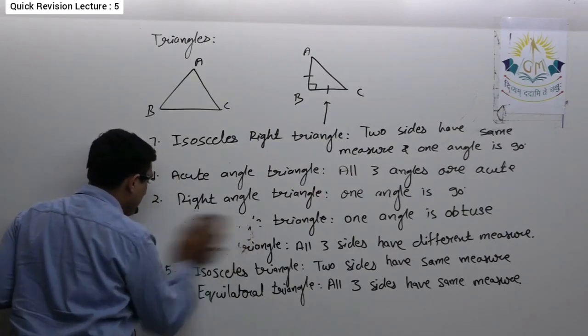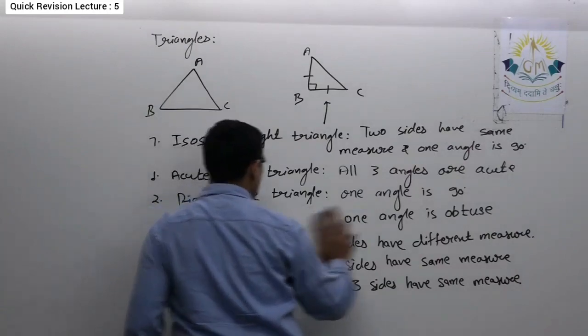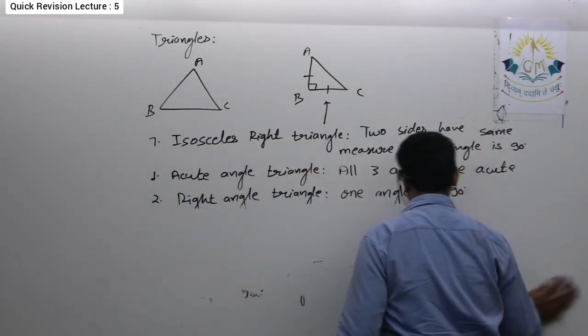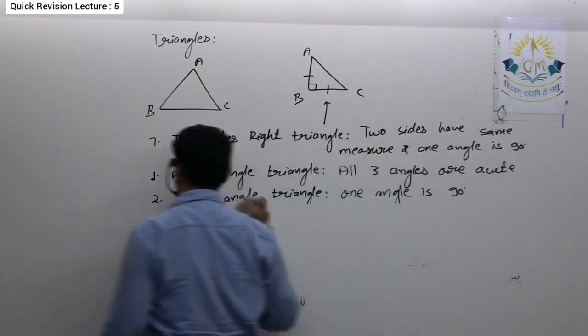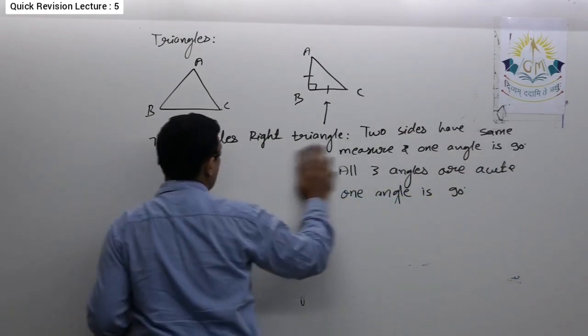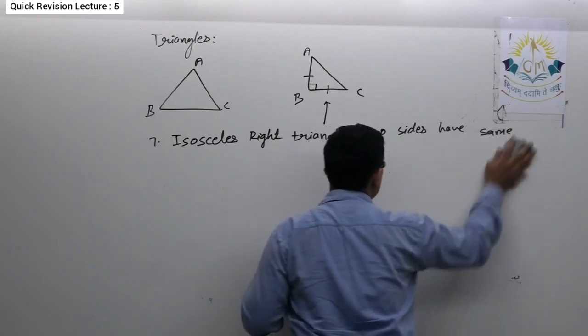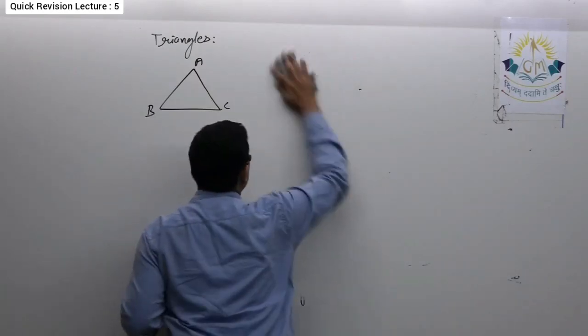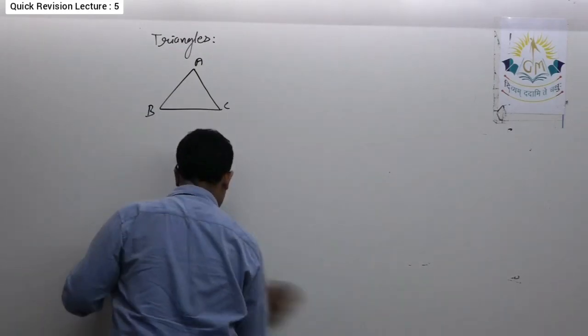Now, before we see some points in the triangle, see, an equilateral triangle is also an equiangular triangle. That means in a triangle, if all three sides are equal, then all angles are also equal.